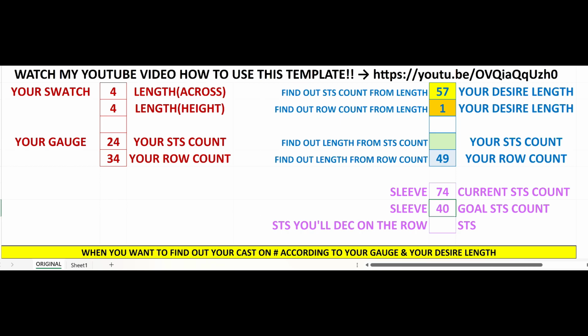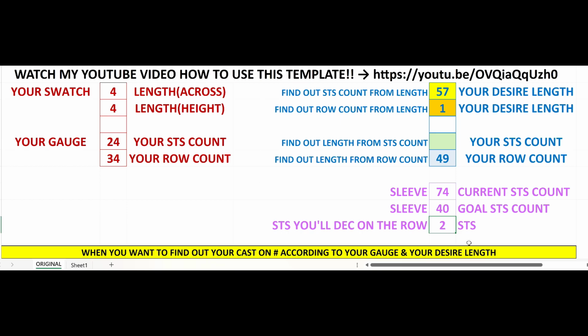It has to be a multiple of 2 because it's a 1 by 1 rib, right? And then it says stitches you will decrease on the row. I am going to decrease 2 stitches on the same row. Okay, so this is everybody's same number too. So your current stitch count, your goal stitch count, and then 2.